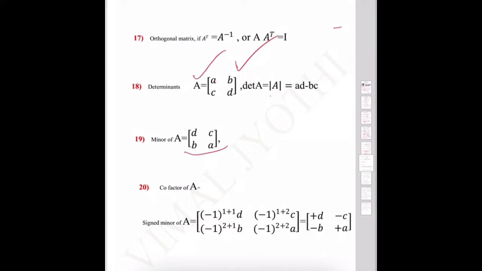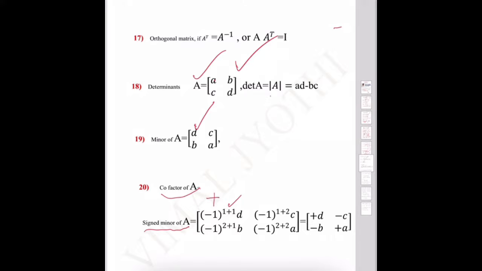Then the cofactor of A is equal to the signed minor. This is the minor. The sign is plus, this is minus, this is minus, this is plus. The sign of D, the sign of this element: first row, first element, that is minus 1 to the power of 1 plus 1, that is plus.